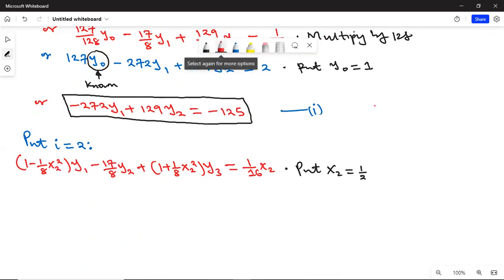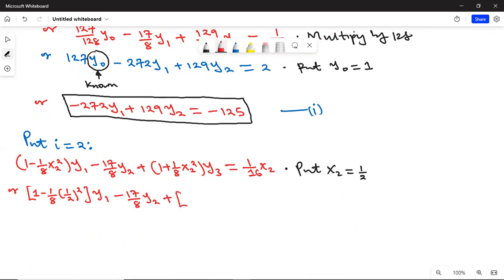So what we are going to get is, now it is 1 minus 1 over 8 times (1 over 2) squared, y1, minus 17 over 8 y2, plus 1 plus 1 over 8 into (1 over 2) squared, y3. That should give us 1 over 16 times 1 over 2.